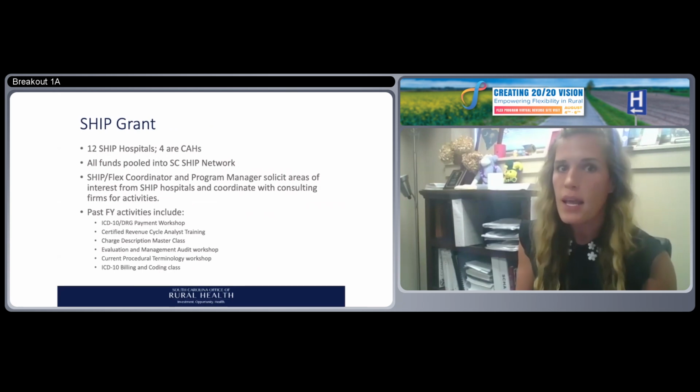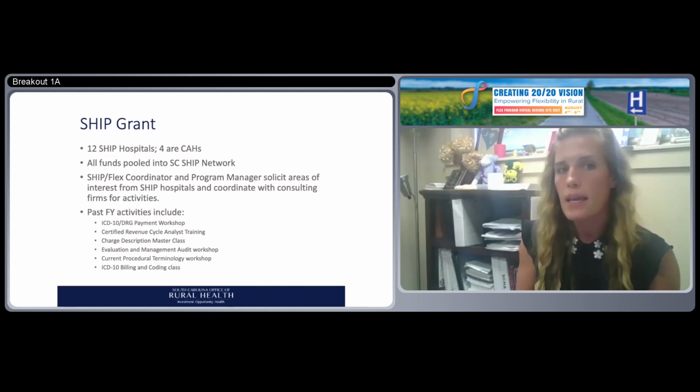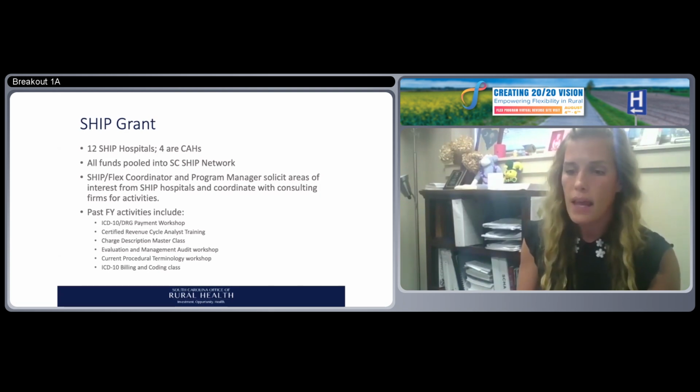So our SHIP grant is a little bit different. Like I said earlier, we have 12 SHIP hospitals, and we utilize our SHIP funds in a network. So we pool all those funds into the network, and we highlighted the area focus that we were going to identify for our SHIP hospitals.